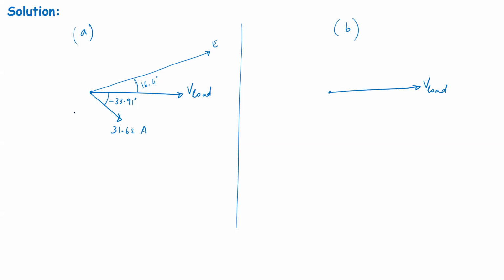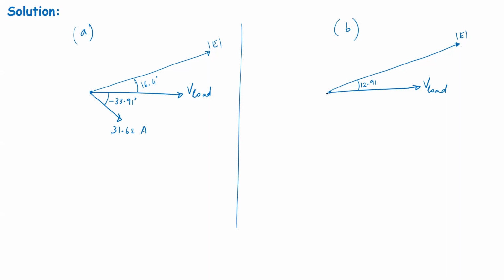Now, when the output power decreased for the same field current, the magnitude, which represents the length of this vector, has not changed, but the angle has changed to 12.91 degrees. So the length of the vector has not changed. E magnitude has remained the same, but it has gone closer towards V load.